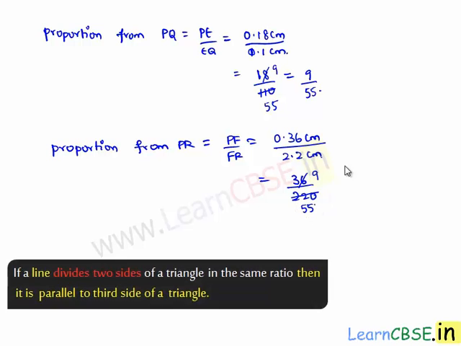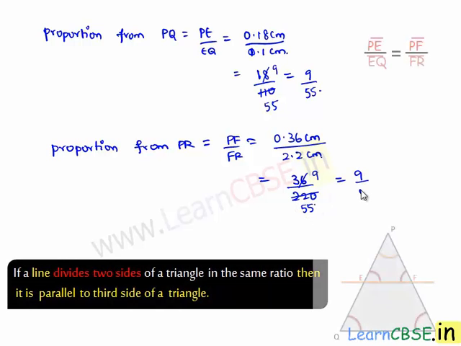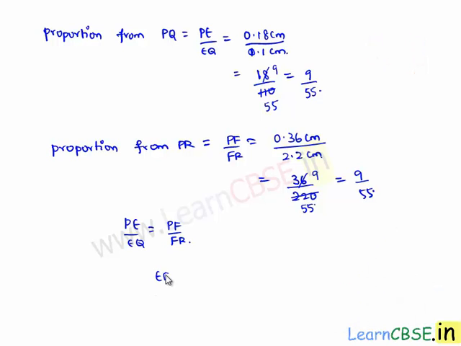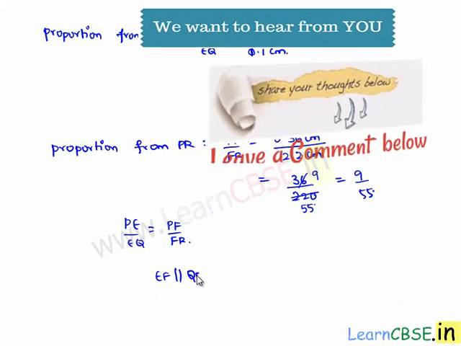So finally we get the proportion as 9 by 55. Here PE by EQ is equal to PF by FR. So from converse of basic proportionality theorem we can say that PF is parallel to QR.